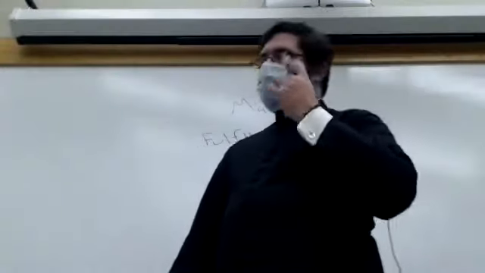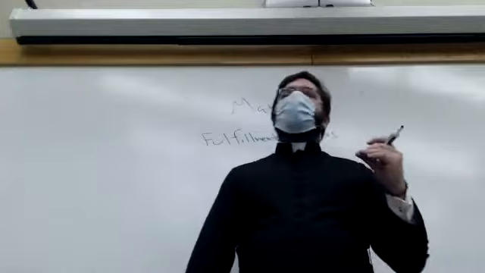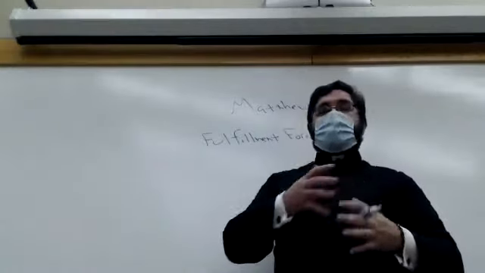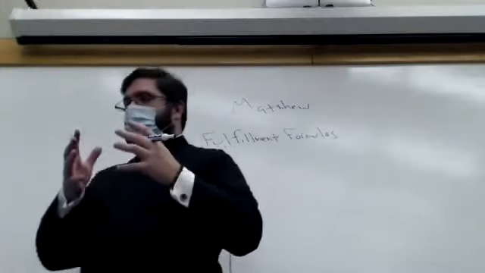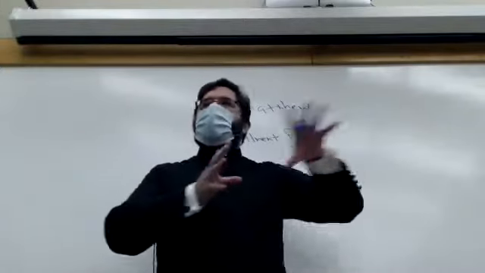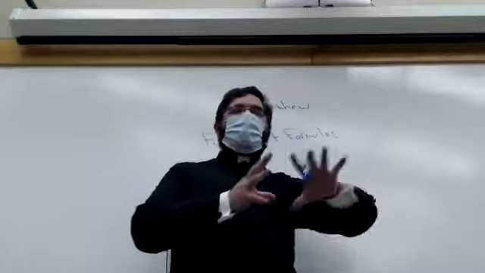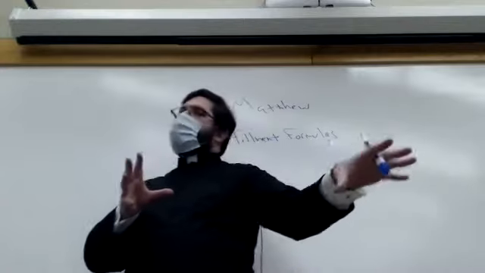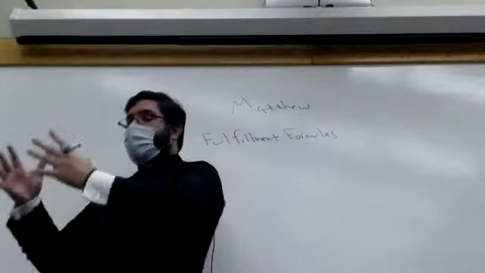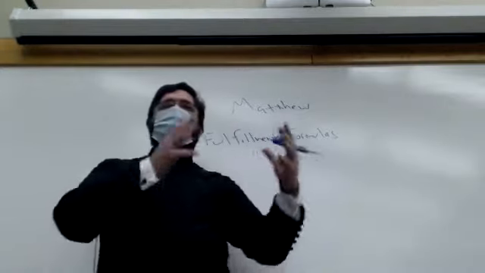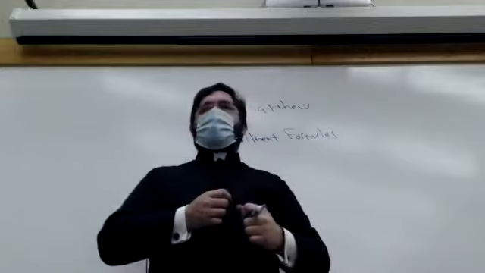There are at least a dozen times that Matthew uses this fulfillment formula. He'll say something like, all this, whatever action or event or thing Jesus did, all this took place to fulfill what had been spoken by the Lord through the prophet so-and-so.